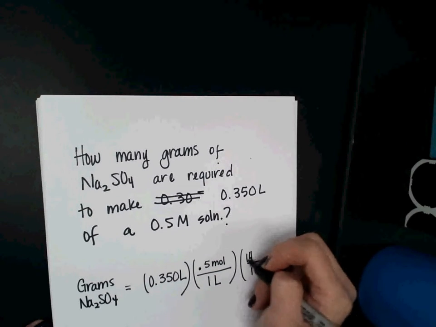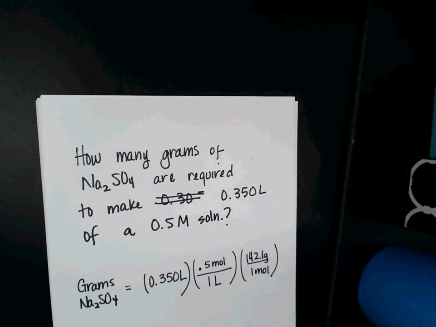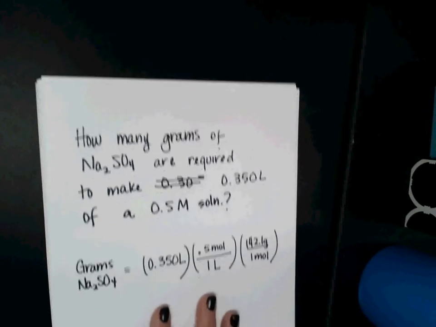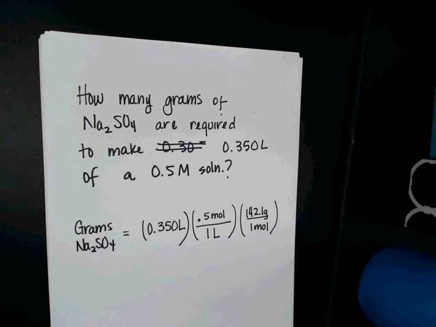What is it, 142? Follow your units through. You have to show how your units cancel out, how you get all the way from having liters and molarity to grams.